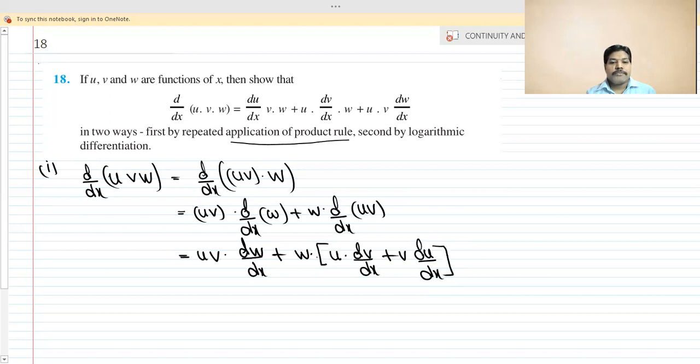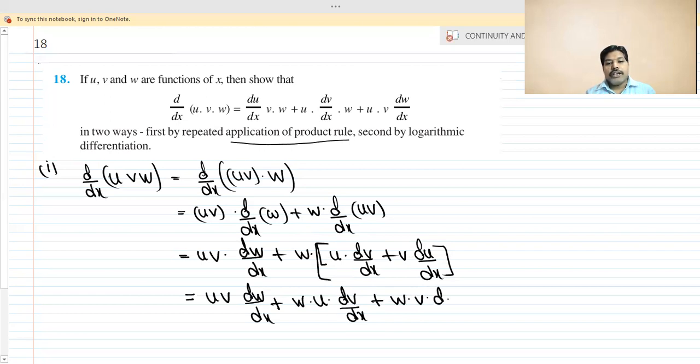Just multiply with w here, so it becomes uv into dw by dx plus w into u into dv by dx plus, multiplying with w for this term also, w into v into du by dx.